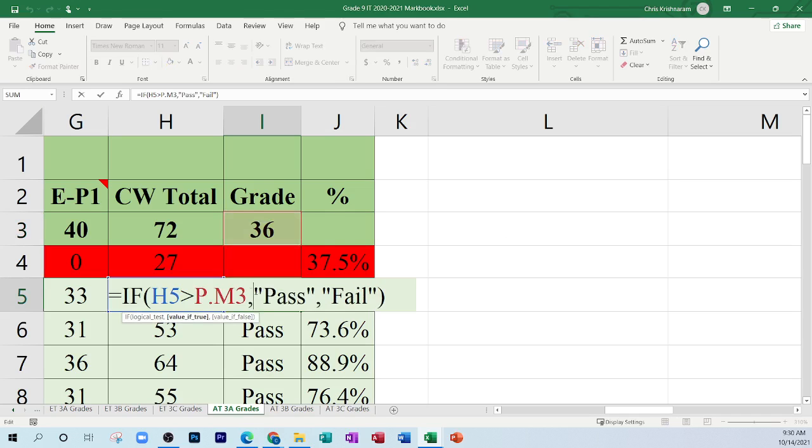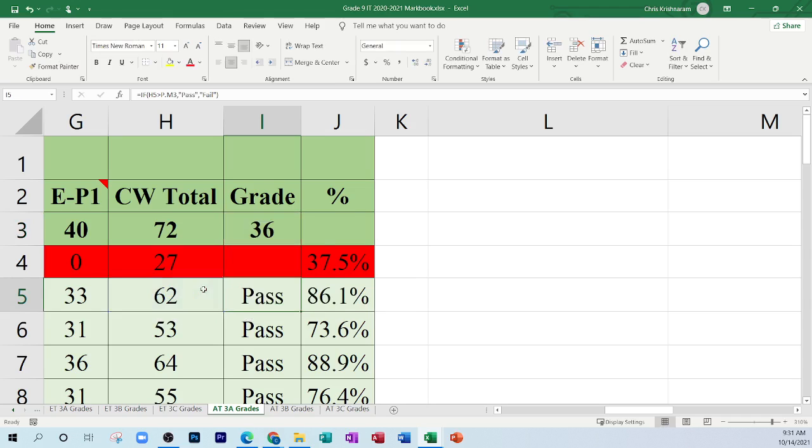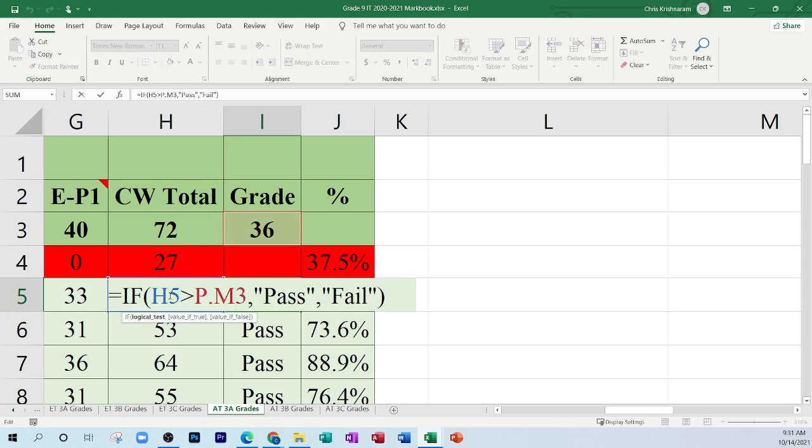So in my if function now, remember this is the student's grade, this 62 here, H5. So what I basically did, I tested if H5 is greater than that pass mark of 36. If it is true, then they're going to get the word pass.